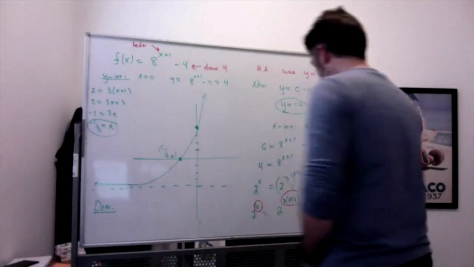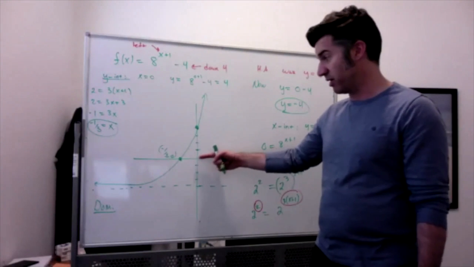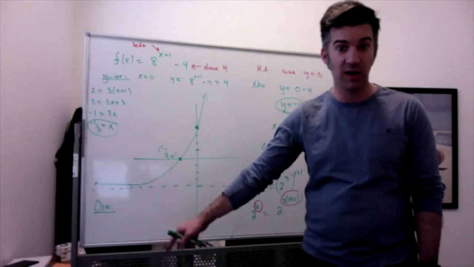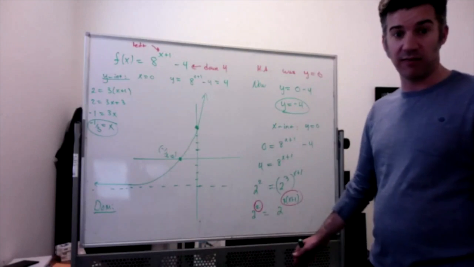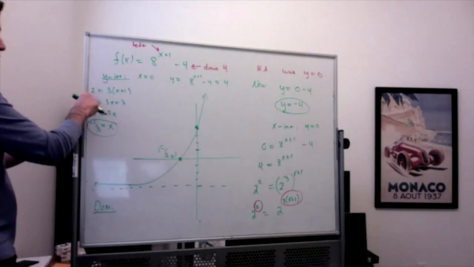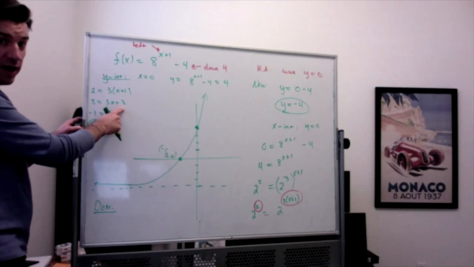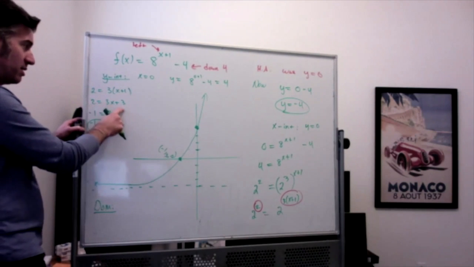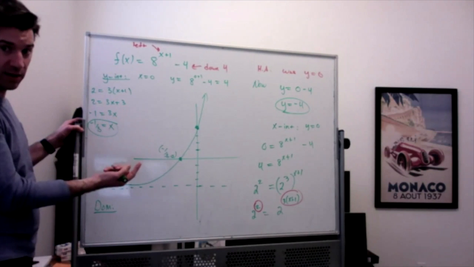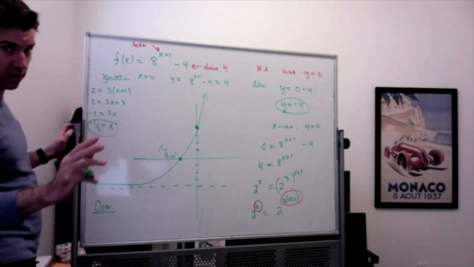It looks like it should be negative because my x value is definitely on the left side, which is the negative side for x values. But the other reason I can see it's negative is that if I'm solving this equation, 2 equals 3 times x plus 1, 2 equals 3x plus 3, and then I subtract 3 from both sides, 2 minus 3 is negative 1. So negative 1 equals 3x, and then I divide by 3, and negative 1 divided by 3 is negative 1/3. Hopefully that clarifies things.